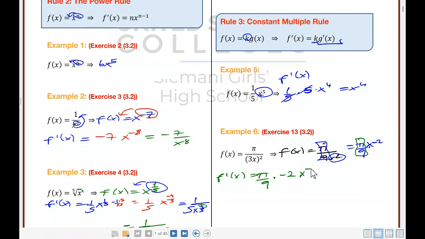Decrease the power by 1 makes minus 3. So it's negative 2 pi over 9 x to the negative 3. We have negative exponent. Let's get rid of that negative by putting it down in denominator. So negative 2 pi over 9x cubed is the final answer, the simplest form.